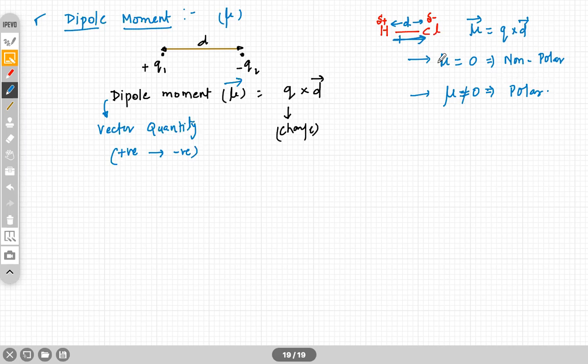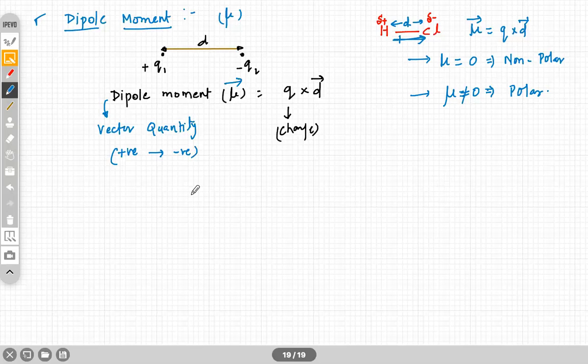Okay? So you just need to understand this. Not required, Kshitish. Like I said, you don't have to find out the exact value of dipole moment here. Q you don't have to find out. You just need to know whether the dipole moment is equal to zero or not equal to zero. Just that. Okay. For example, I'll give you some examples here.